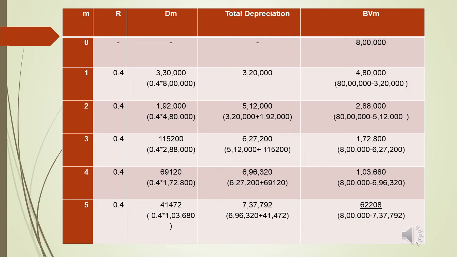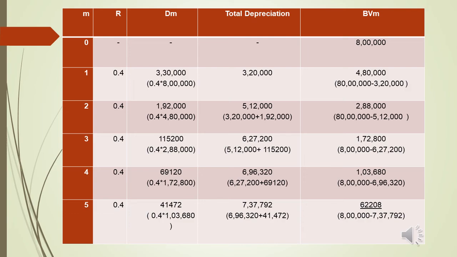Now I have to calculate DM for the first year. How will I calculate it? Through the formula they have told, multiply BVM and R. So for the first year's DM, I will multiply BVM, that is 8 lakh, into 0.4.